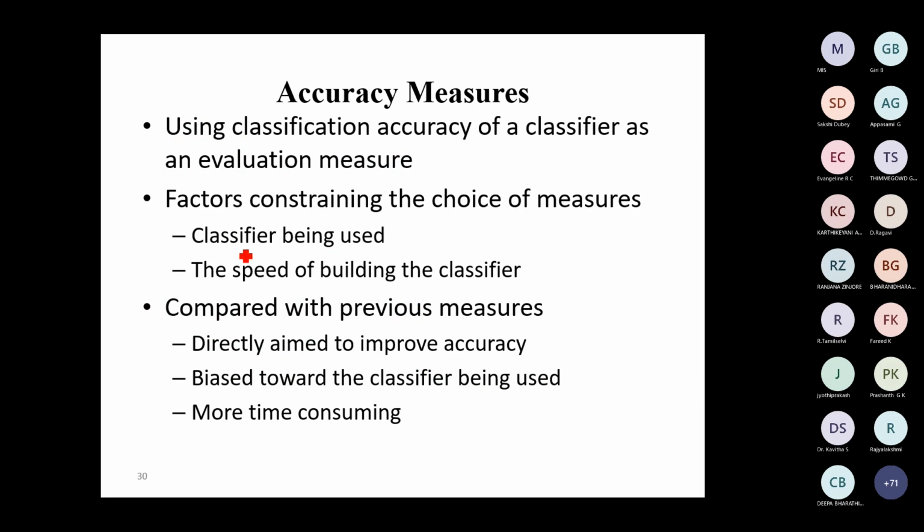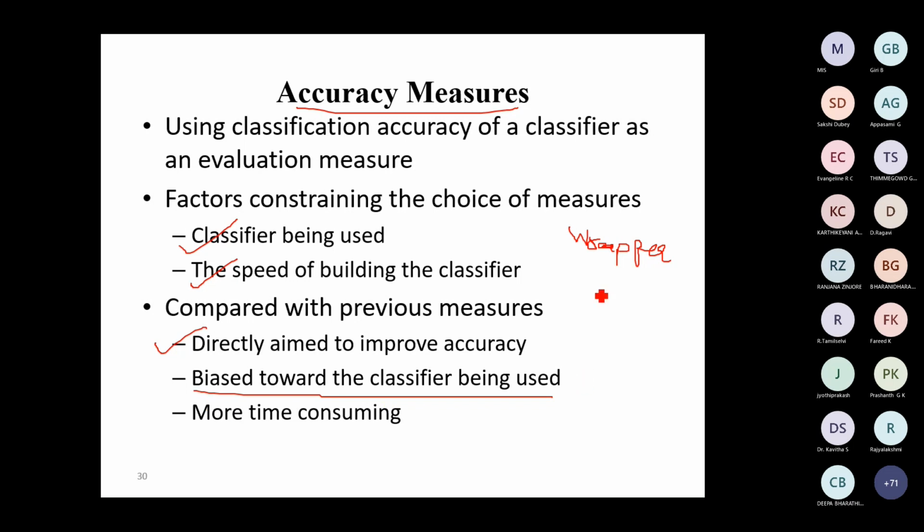Now the accuracy measure is used for the wrapper based method. I already said accuracy will come only for the wrapper based method because it wraps over a classifier. The classifier is evaluated using accuracy. The speed of building depends upon how fast the classifier we use executes, and it will try to improve the accuracy. But the problem with the wrapper-based method is that it is biased towards the classifier being used.